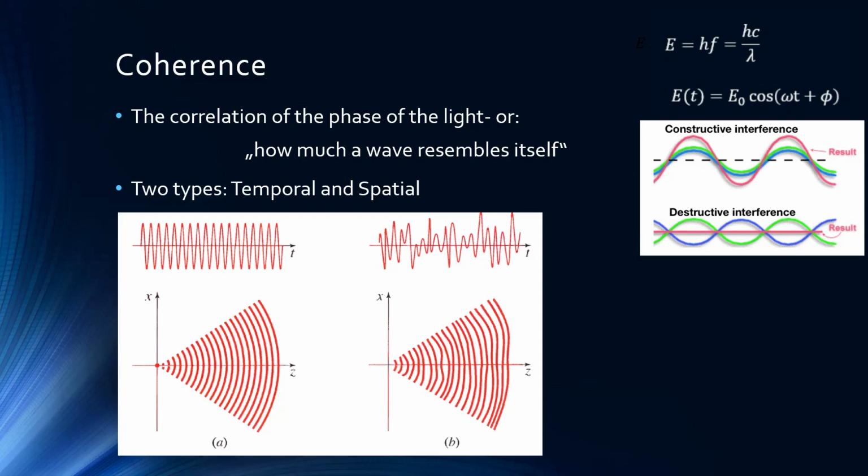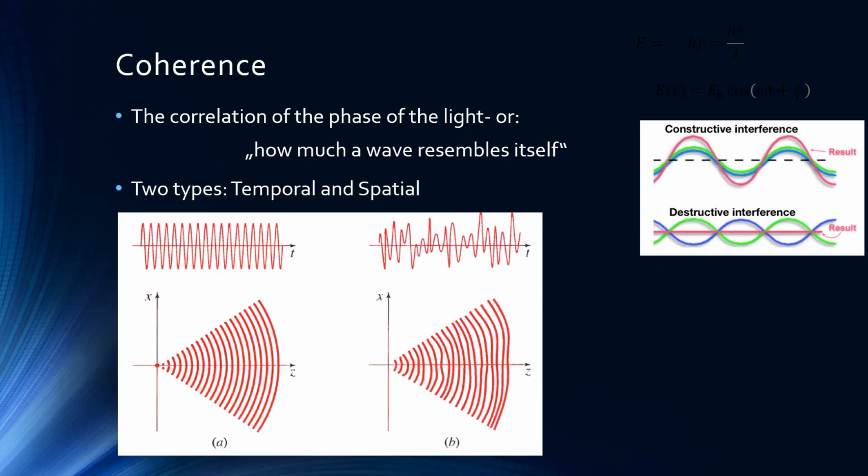In general, you have an electromagnetic field with an amplitude, and then cosine of omega t plus phi, where omega is frequency and phi is the phase.